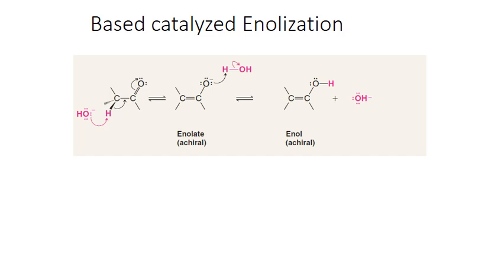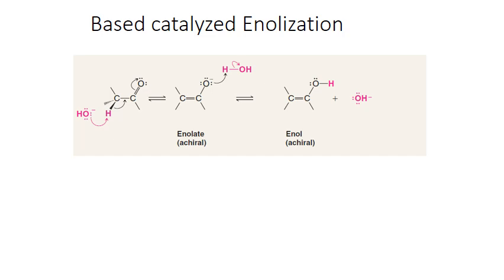Base catalyzed enolization, which brings about racemization. Base abstracts a proton from the ketone to form enolate. Enolate is a planar structure, an achiral structure.